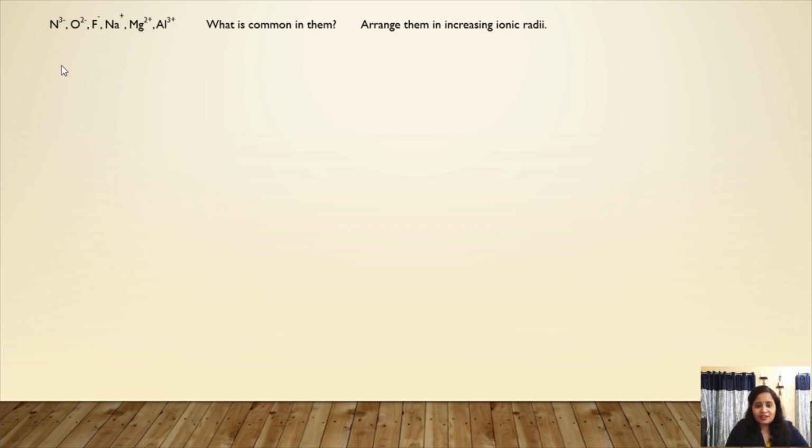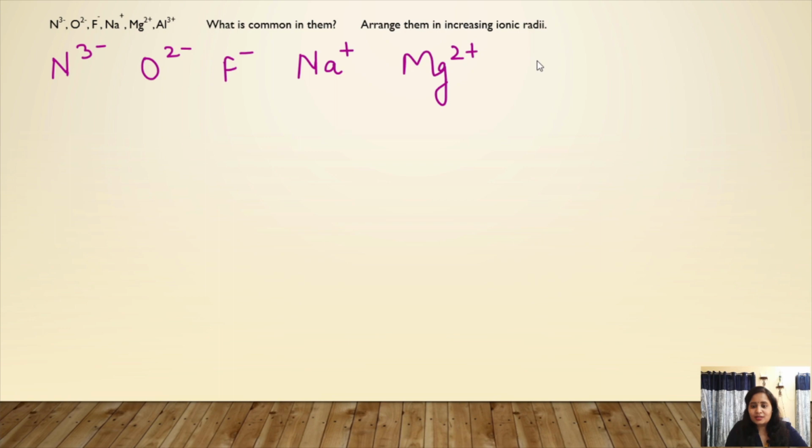If we write the nitrogen 3-, oxygen 2-, fluorine 1-, sodium +1, magnesium 2+, and aluminium 3+, and then write the number of electrons in each case, we will get a hint of what is common in them.